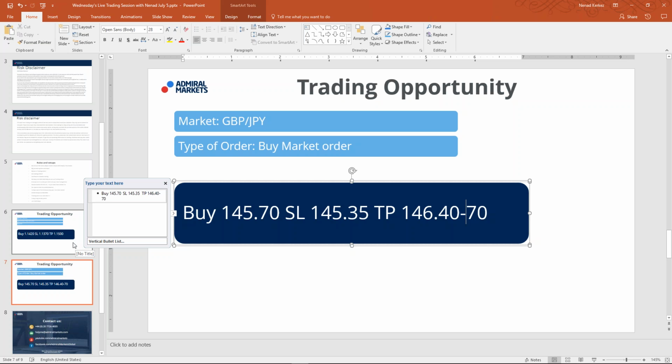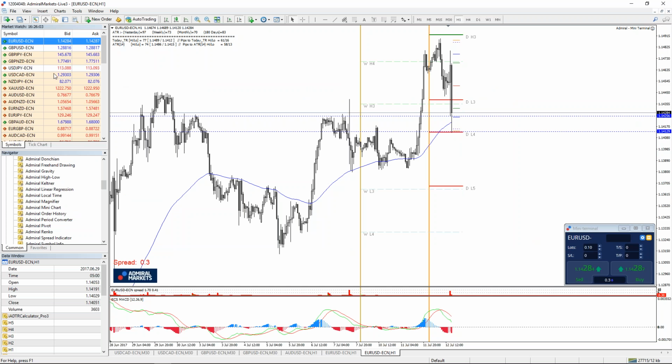And we have Australian dollar. Okay, Australian dollar trade setup. Okay, euro dollar, for all of you who bought here, you're like 8 pips in profit. Pound yen is around break even, 2-3 pips in drawdown, but it started to go up.